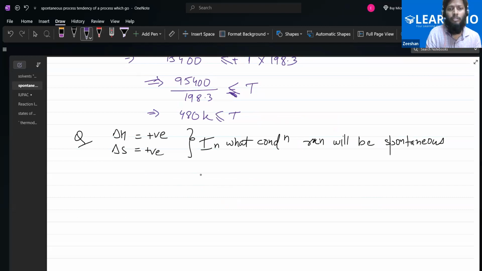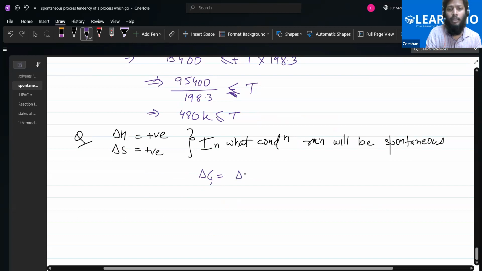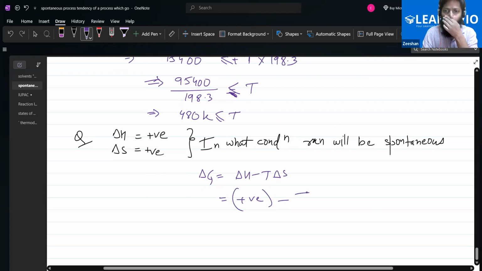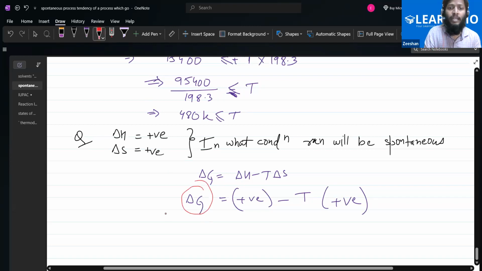See, since time is lesser, delta G is equal to delta H minus T delta S, right? So delta H is positive here, temperature is not given, and delta S is also positive. To make delta G negative, shall we not increase the temperature very high so that the overall effect of this will dominate over this?